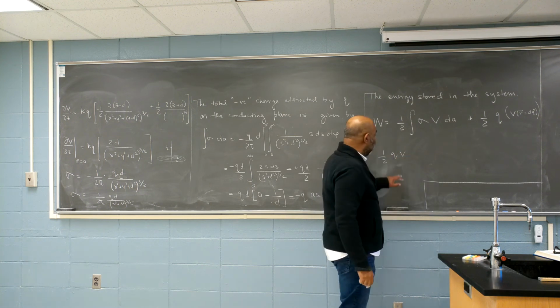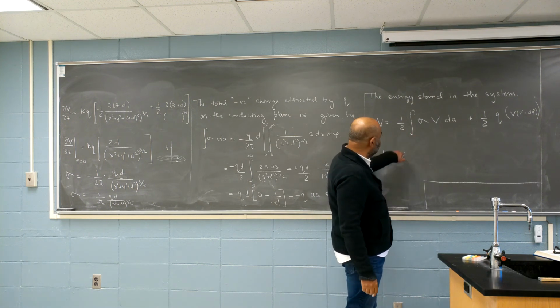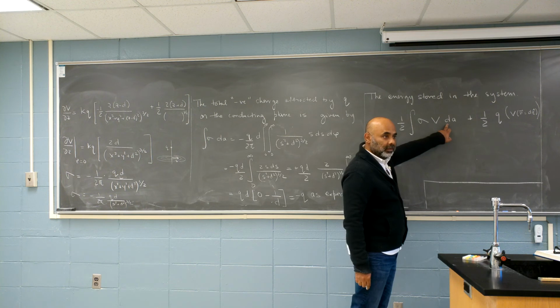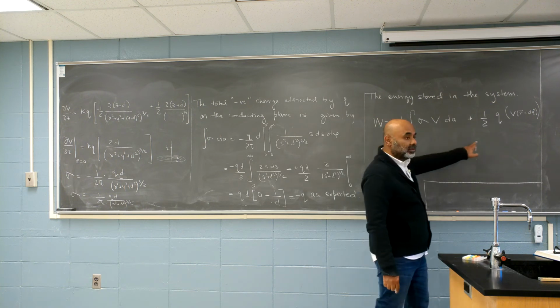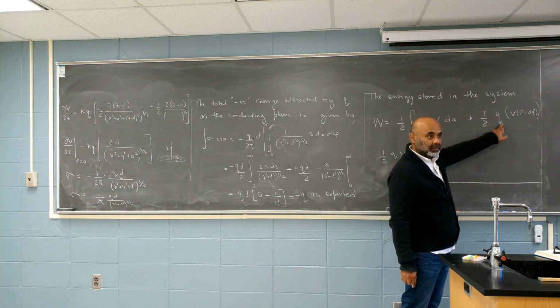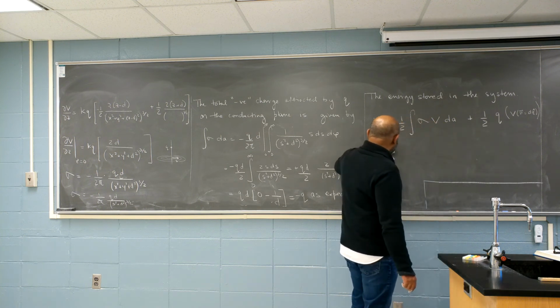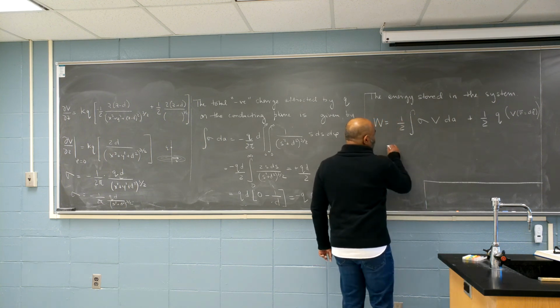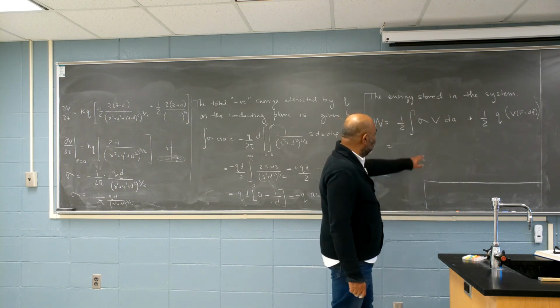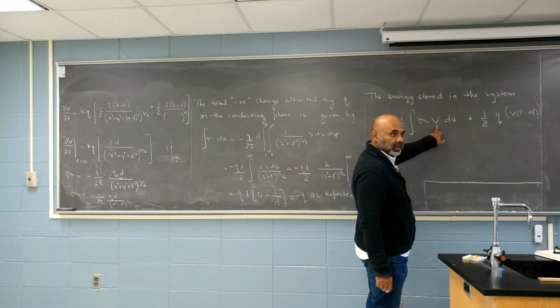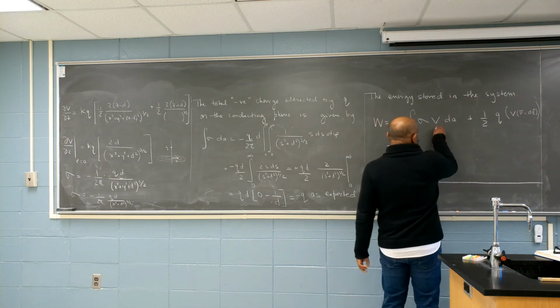For the continuous version, Q is replaced by sigma dA. For the discrete version, it is simply that. The potential on the plate is 0.